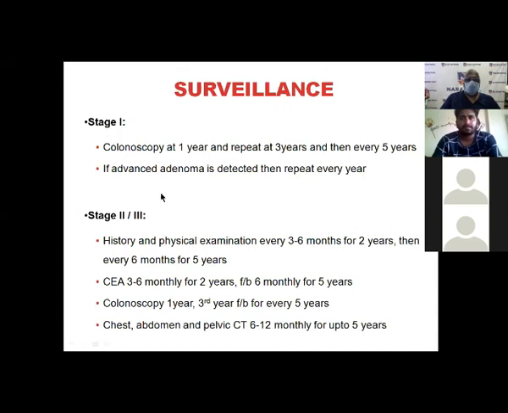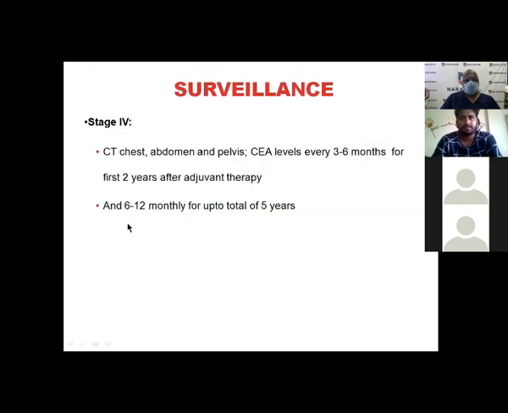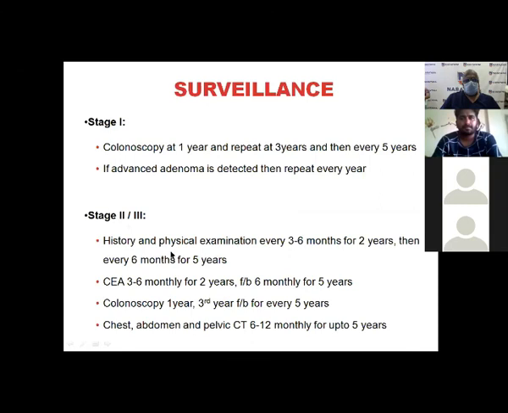Surveillance: colonoscopy at 1 year, repeat at 3 years, and every 5 years. This is for stage 1. If advanced adenoma is detected, then repeat every year. For stage 2 and 3: history and physical examination every 3 to 6 months for 2 years, then every 6 months for 5 years.